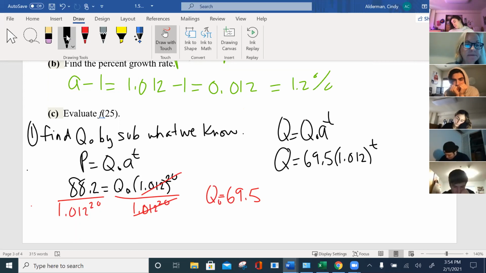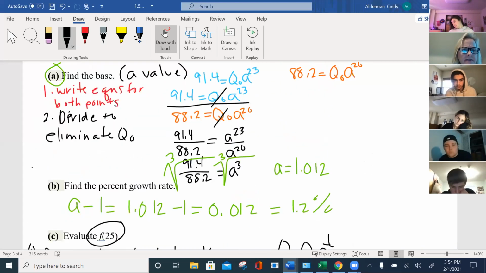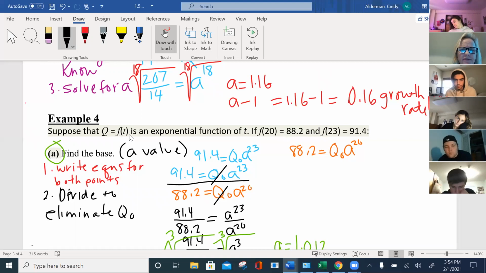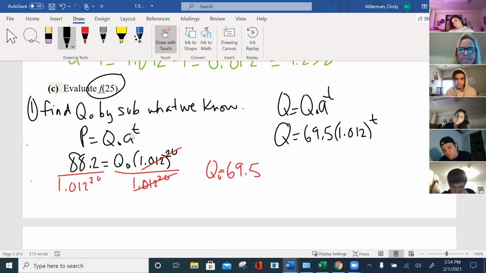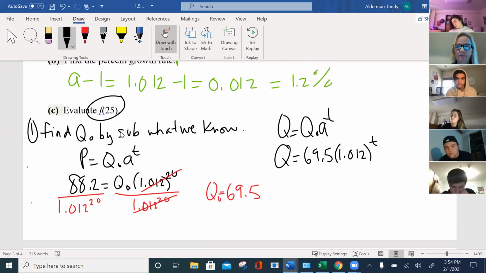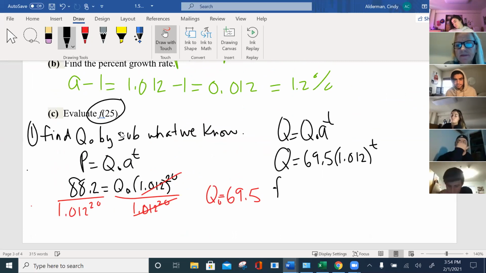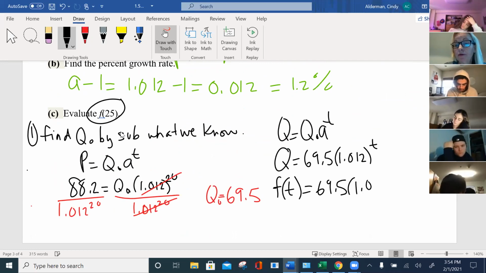So now we can say, what is f of 25? Or I wonder if we should have been using f. Is there anything in this that said Q is f of t? Okay, yeah, maybe we should have been using f. I'll change that in the notes. Q is f of t, so it's not wrong to say this, but maybe the final answer should be f of t is equal to 69.5 times 1.012 to the t. And now to find f of 25, we're just going to put 25 in for t.